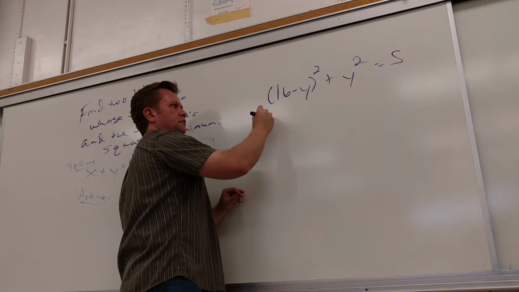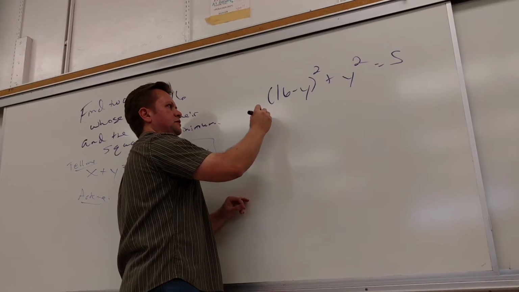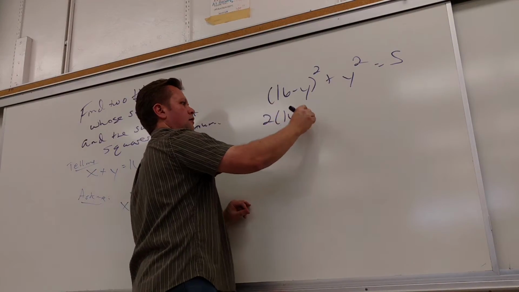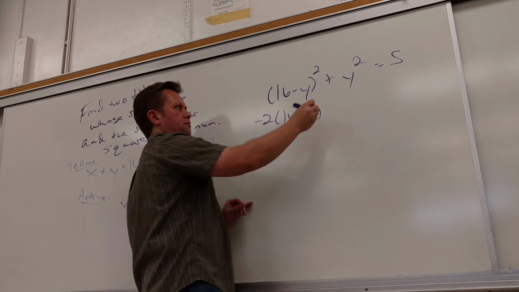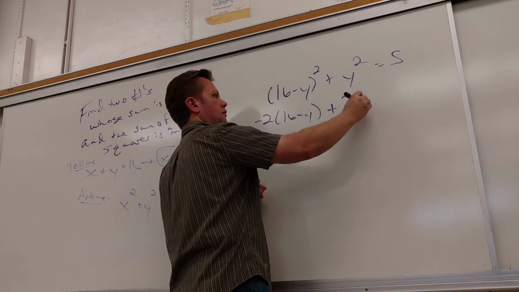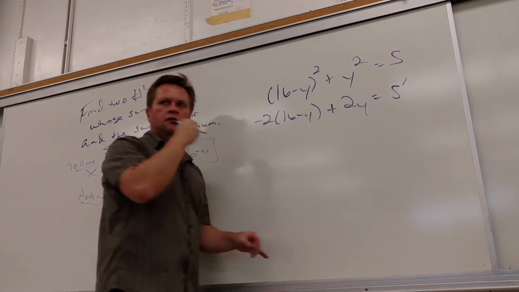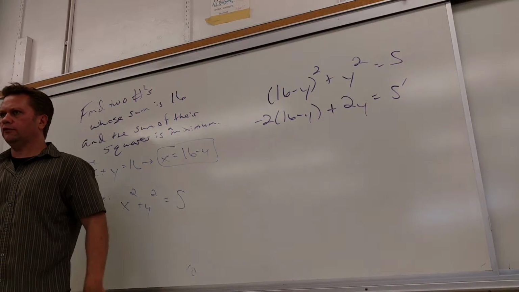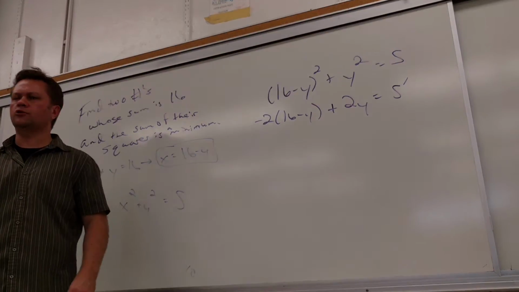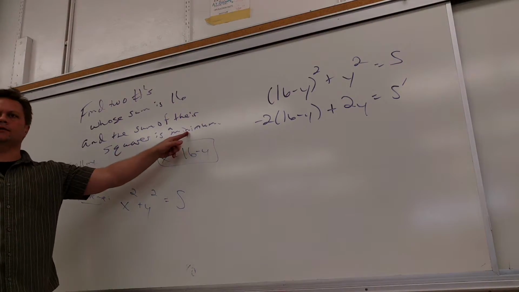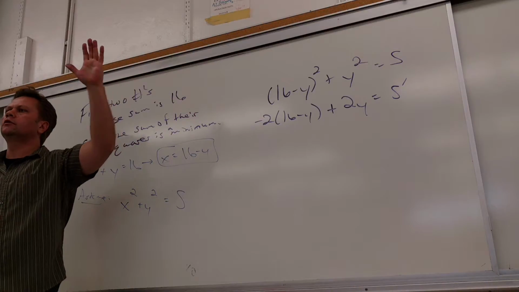It equals S prime. And then what do I do with that derivative? What do I want to do? I'm trying to minimize this. I'm going to take that derivative and set it equal to 0.